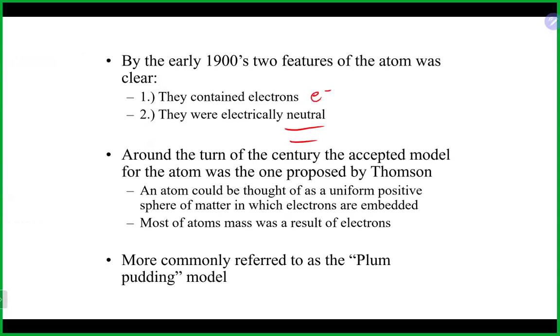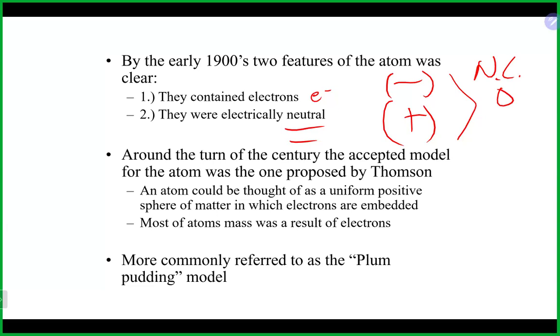If it contains these negatively charged electrons, the atom must also contain something positively charged. That's the only way you get to no charge, or neutral. So there must be some positive component to the atom that would balance out those negatively charged electrons.